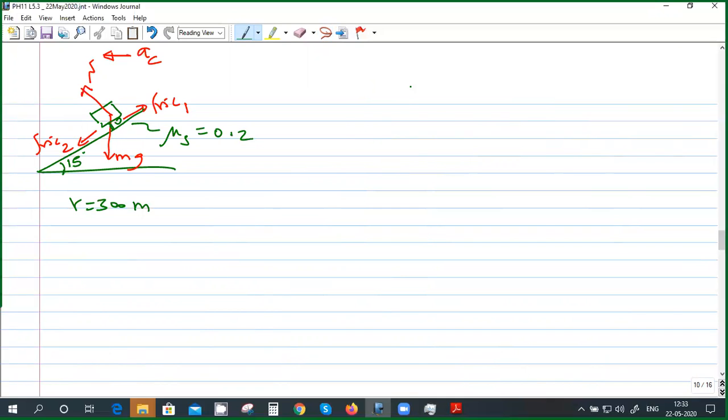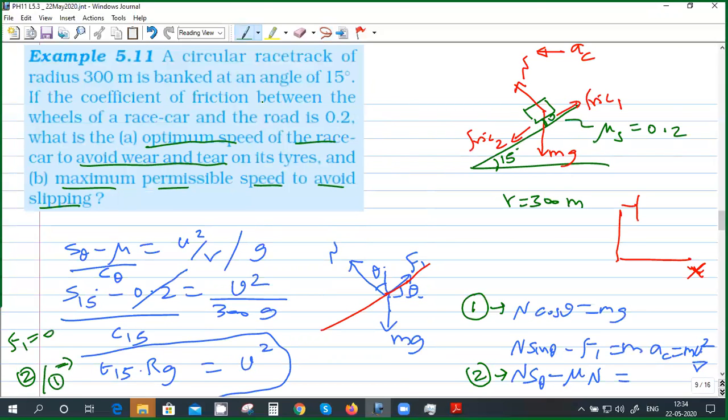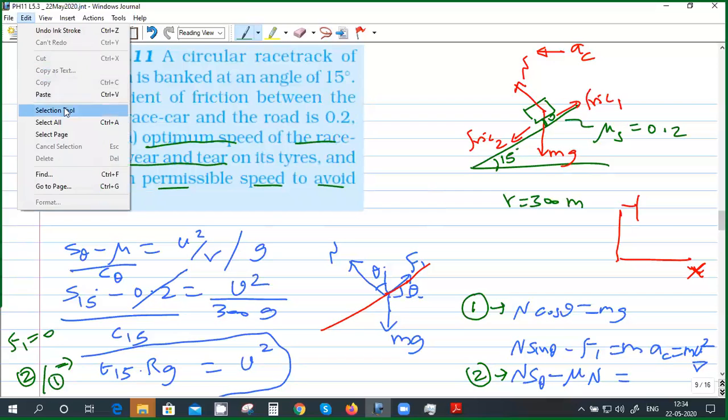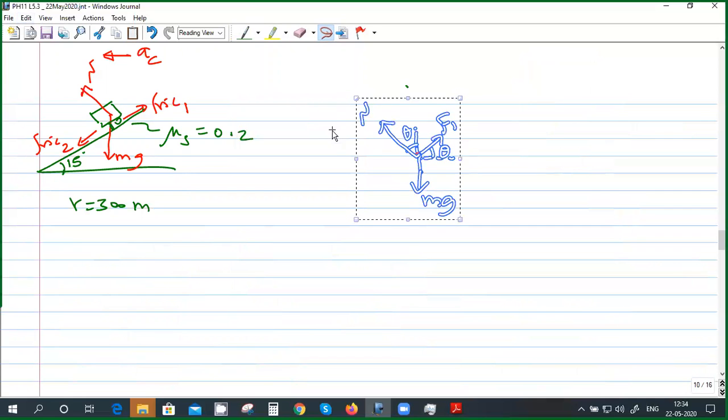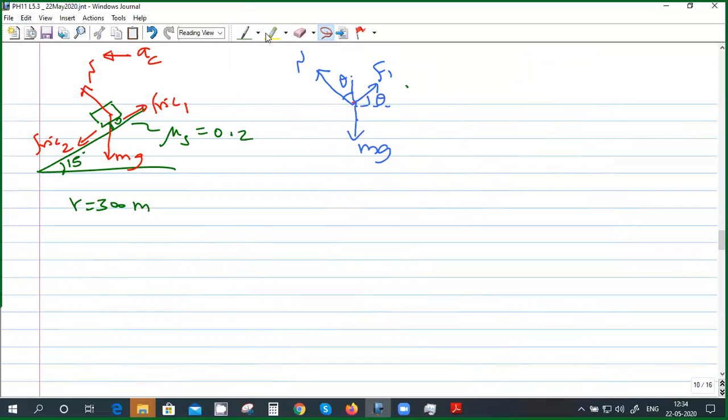Okay, the vertical one is N. Friction force F2 is down the plane.